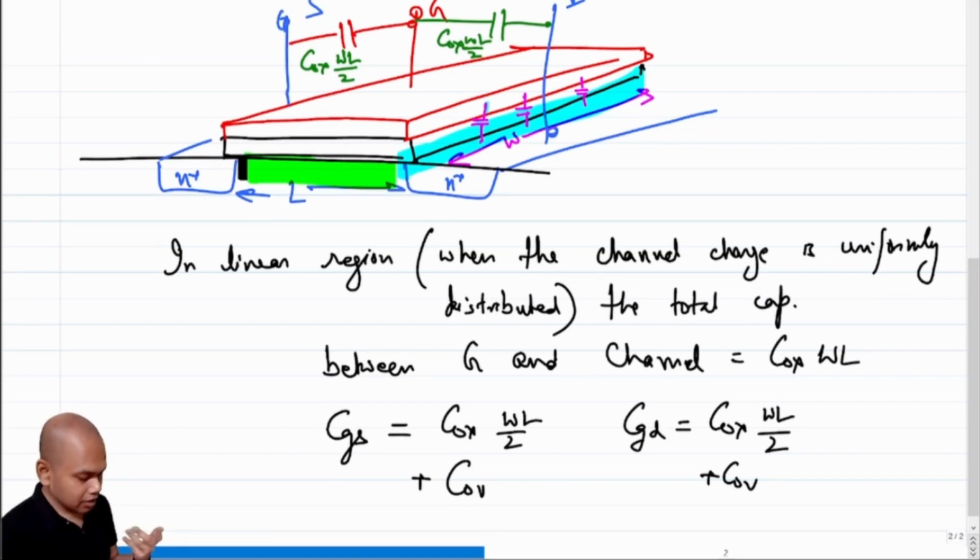Now, just like Cox is expressed in terms of capacitance per unit area, C overlap is expressed as capacitance per unit length, because how does the C overlap change? Does C overlap get changed with respect to length? If I increase the length of the transistor and don't increase the width, will this overlap capacitance change? Clearly not, right?